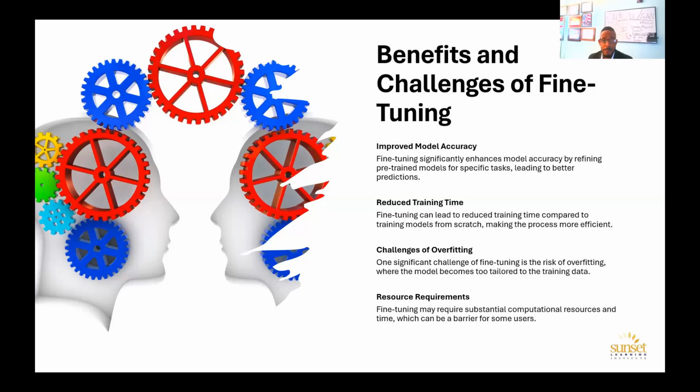Now, like any machine learning pipeline for deep learning, whether it's recurrent neural networks, convolutional neural networks, generative adversarial networks, or transformers, we also have to consider that while you are fine-tuning, there will always be challenges of what?